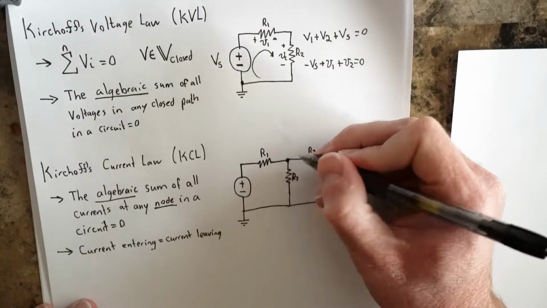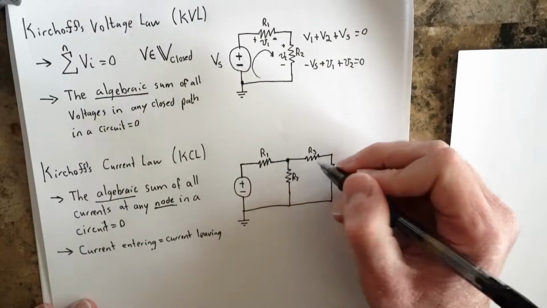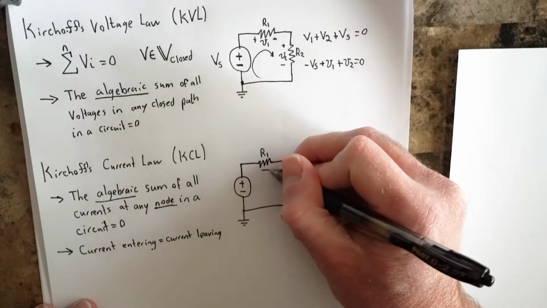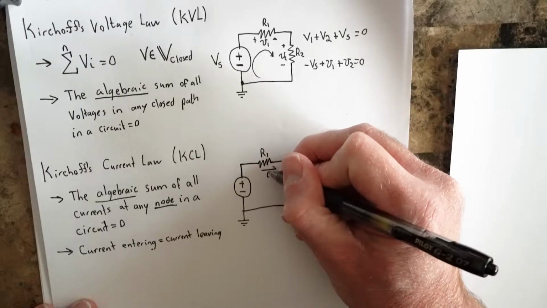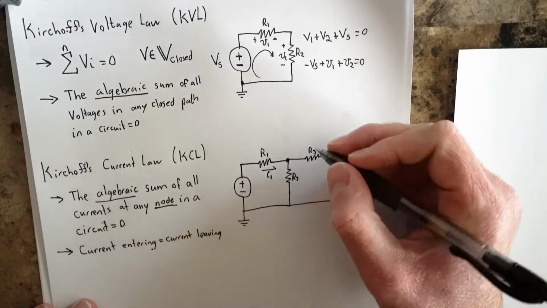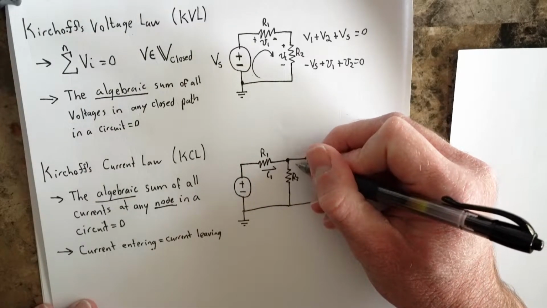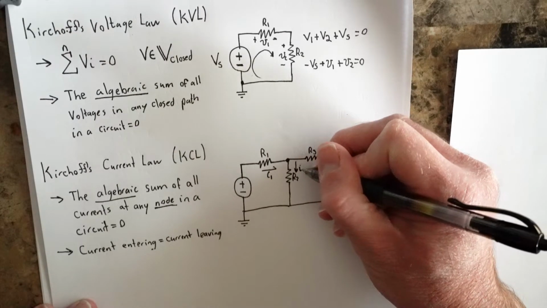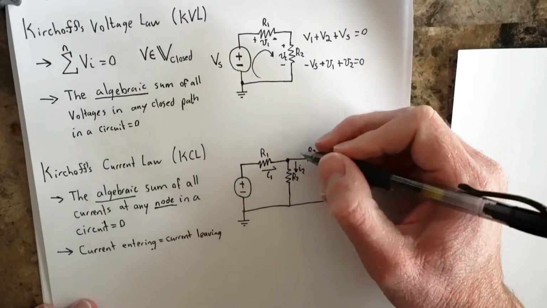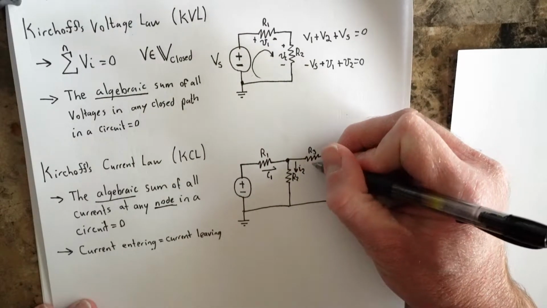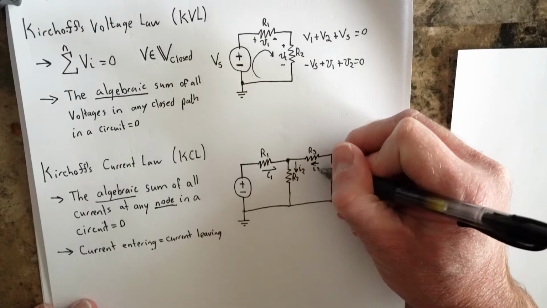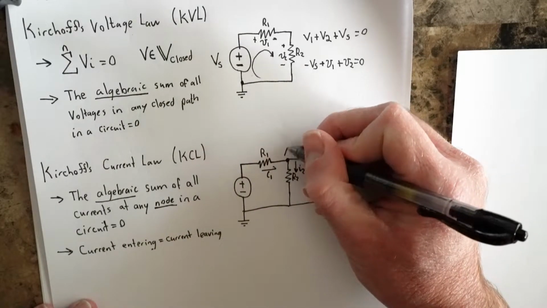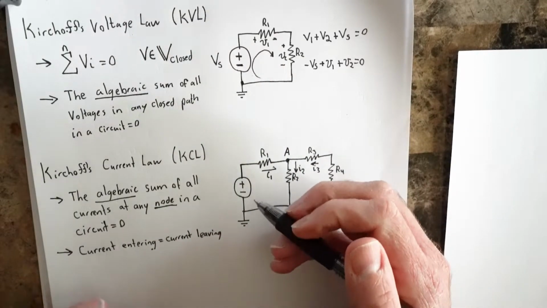So a node is the connection point of these three resistors here. And so the sum of all currents, this current moving through resistor 1, I1, this current, I'll label it this way, moving out of this node, I2, and this current entering this node, I3. We'll call this node A for convenience.